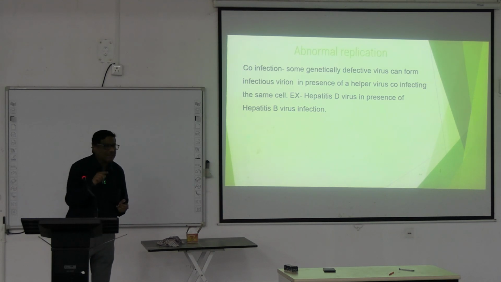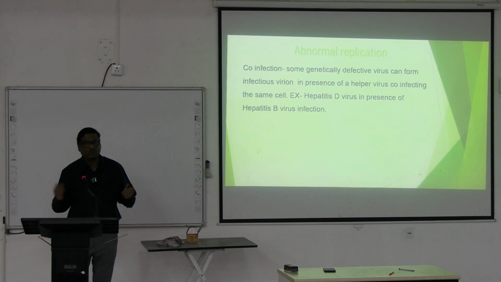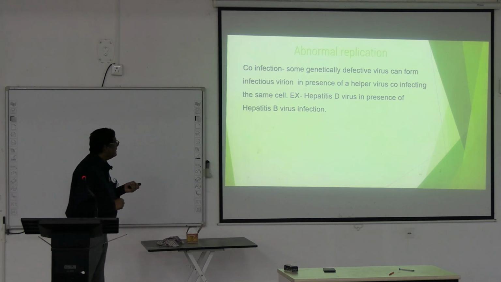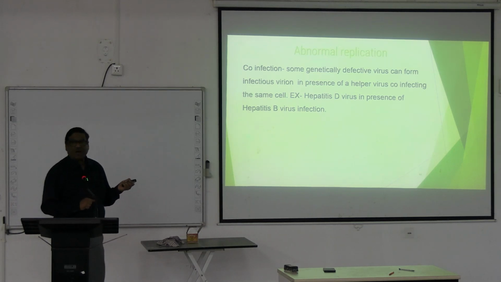As soon as there is hepatitis B virus infection, the co-infecting hepatitis D virus can replicate with hepatitis B virus, never alone. So this is a classical example of co-infection of virus.